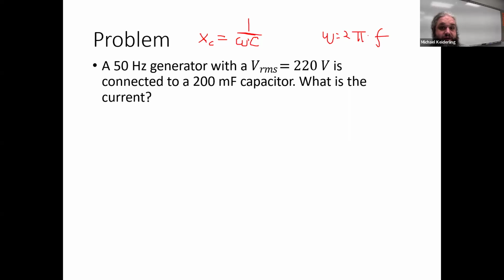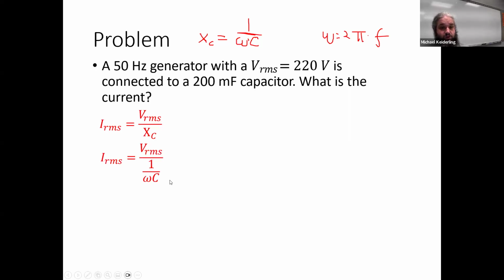So a 50 hertz generator with a voltage of a root mean square of 220 volts is connected to a 200 millifarad capacitor. What would the current be? Well, capacitive reactance is 1 over omega C. Omega is 2 pi times the frequency. And current root mean squared is voltage root mean squared over capacitive reactance.